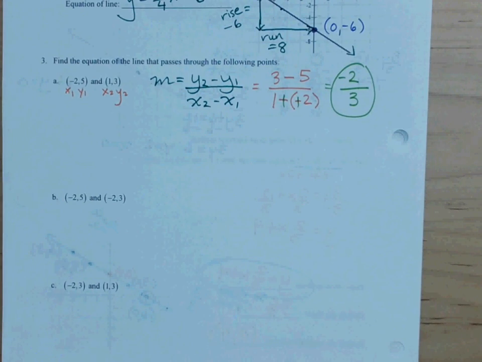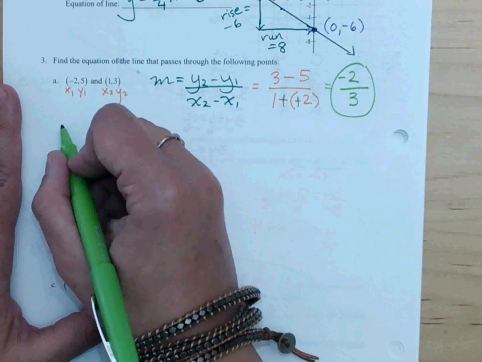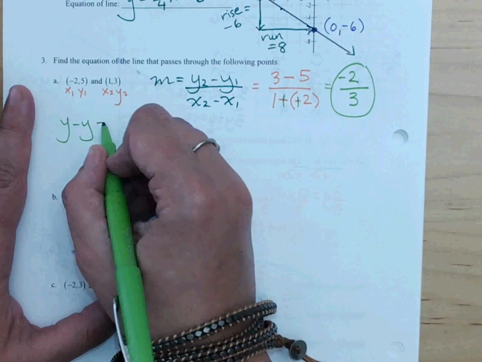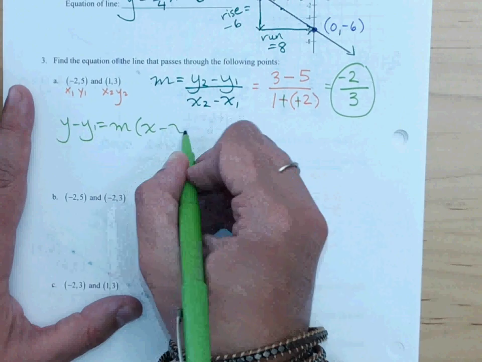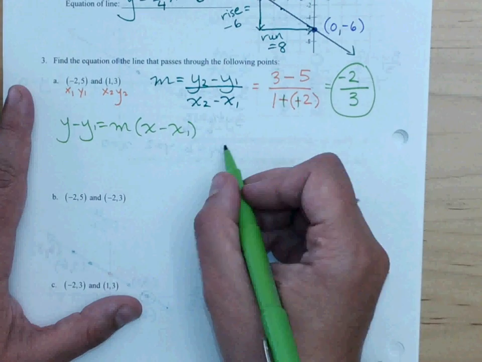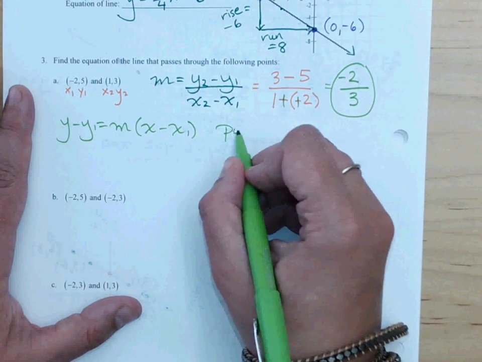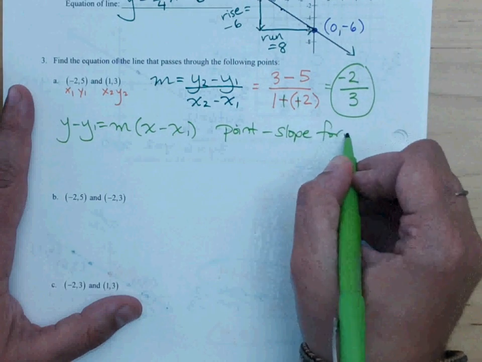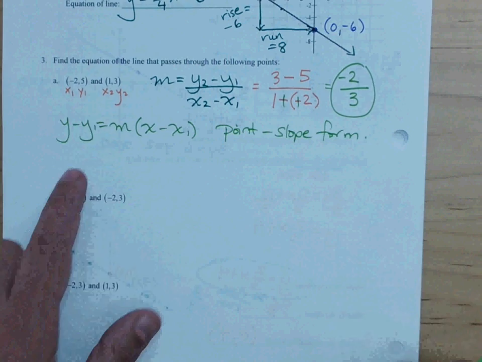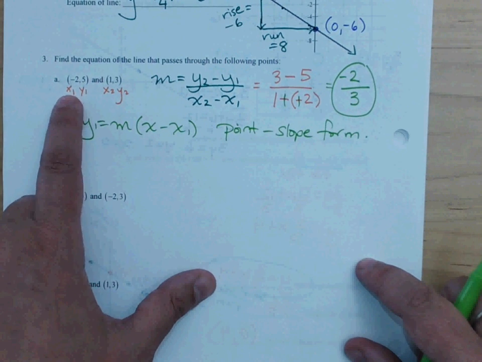Now, a couple of different ways. You might remember y minus y1 equals m times x minus x1. This is what we call the point slope form. I don't have to take the first point.